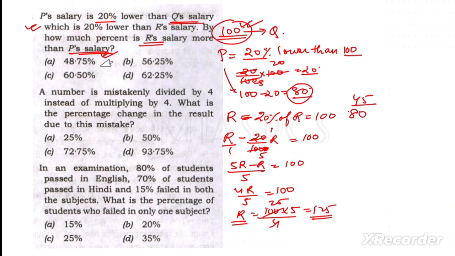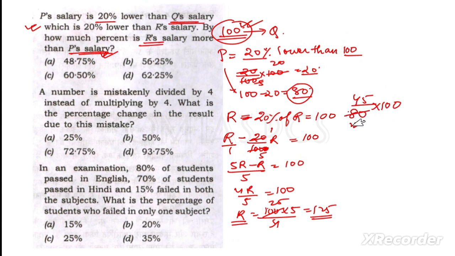Don't get confused with R salary or P salary. We have to see the statement: it is given R salary more than P salary, by how much percentage. So the original value will be P's salary, and multiply it by 100.